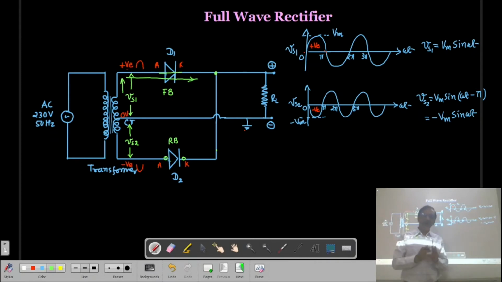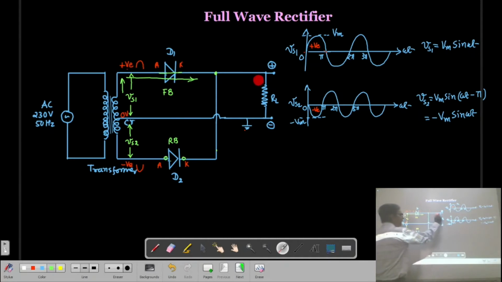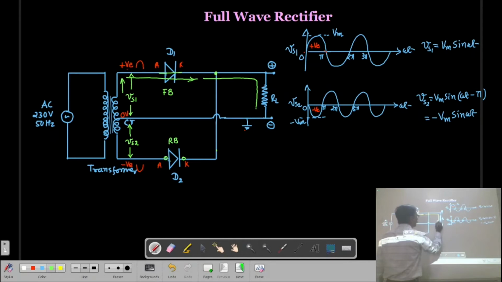So it is offering a very high resistance. So this current will not flow in this way, but the current has to flow through this load resistance RL.